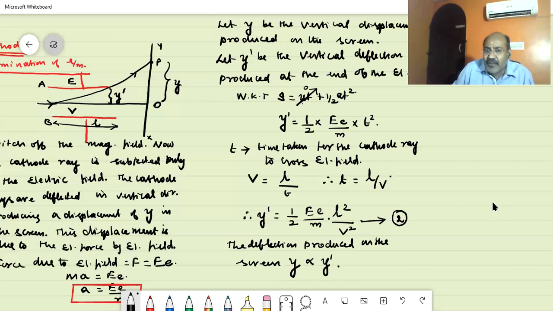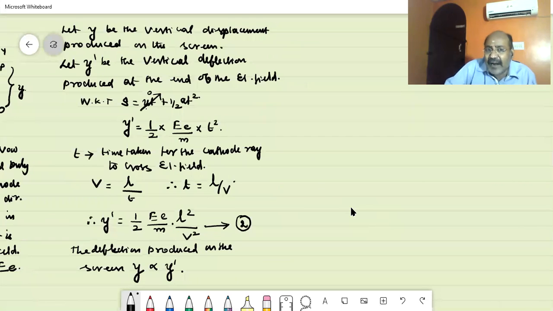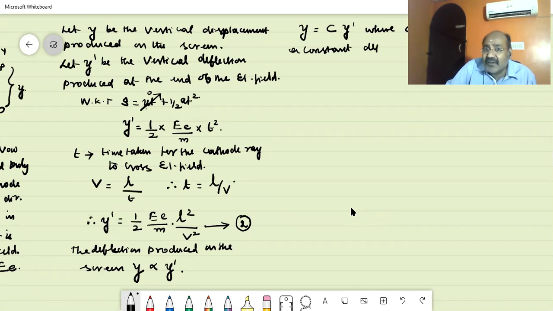When removing that proportionality, we have to introduce a constant. So I am writing y is equal to c into y dash, where c is a constant, as given in your book, and that constant depends on the geometry of the discharge tube.